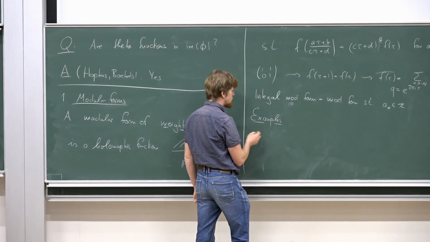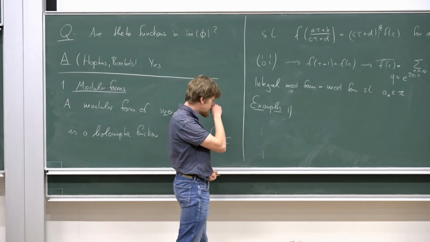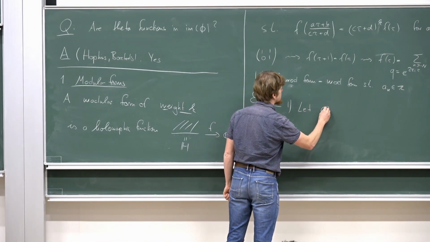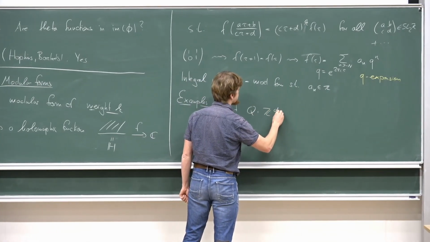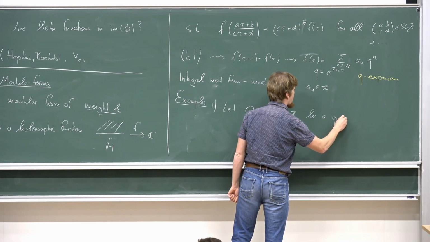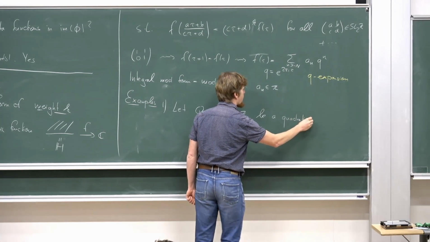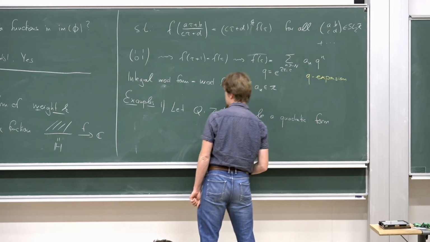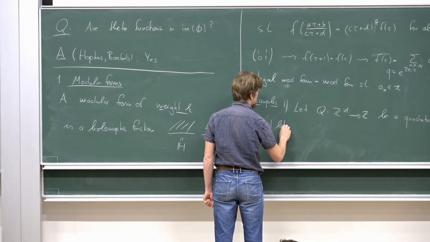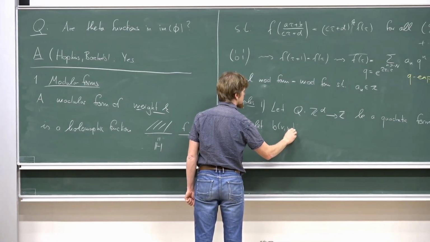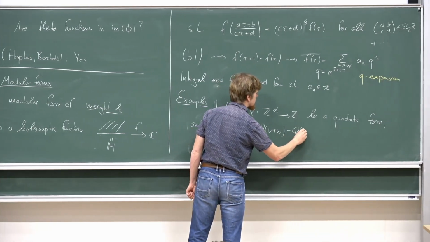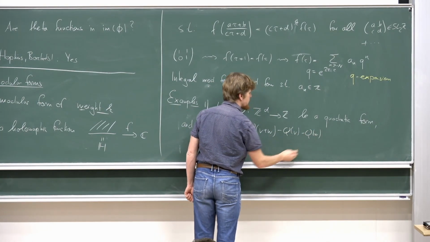So let me give two examples, the theta function one in detail and mention also another one later. I hope I don't forget. So let q from Z^d to Z be a quadratic form, and let b(v,w) = q(v+w) - q(v) - q(w) be the associated bilinear form.